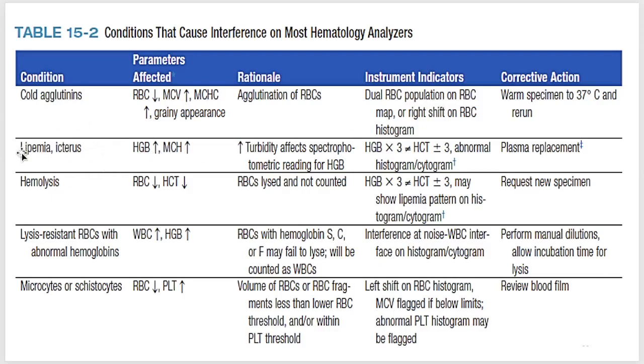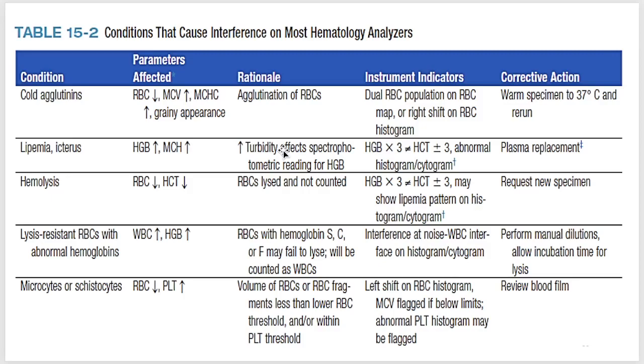Next parameter, lipemia or your icterus. Anong nangyayari sa ating lipemic? Masyadong lipemia, masyadong mataba. Therefore, there is increased turbidity that will affect your spectrophotometric reading for hemoglobin. Since your spectrophotometric principle will be related to the light being absorbed. Pag mas turbid siya, therefore, more light ang maa-absorb.